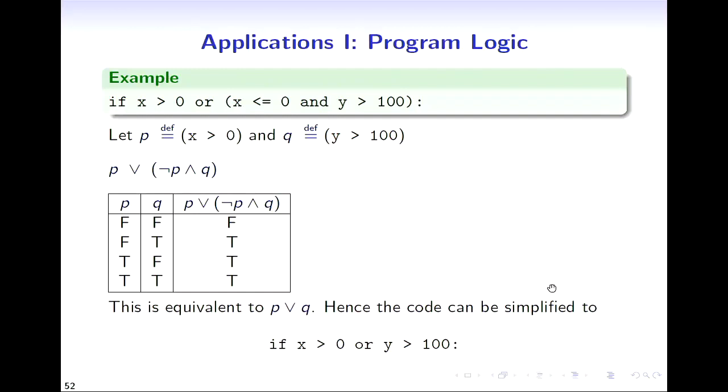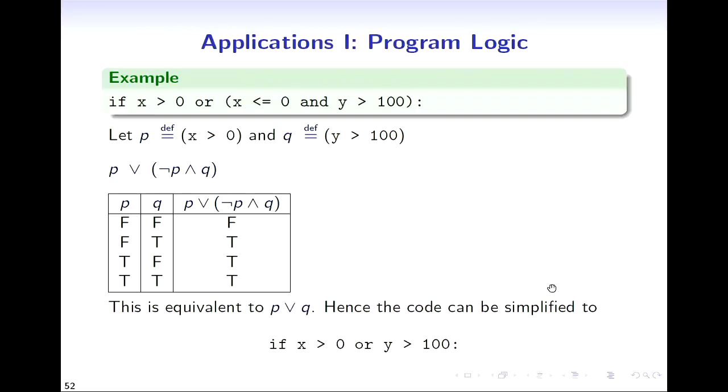And you might find this very natural to type this in because this is exactly the condition that you want to have. We can formally analyze this condition and actually from this derive that there is a simpler way of expressing exactly the same thing. Let me do this. Let me call the first definition x greater than 0, the first part of this definition p, and the second part, or part of the second part, let me call it q.